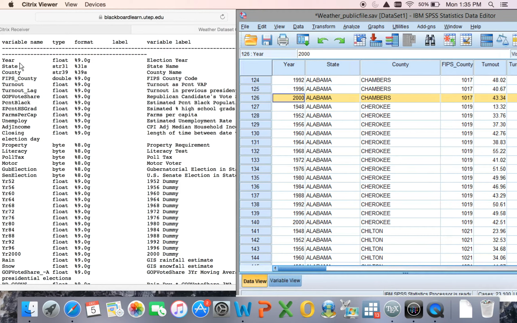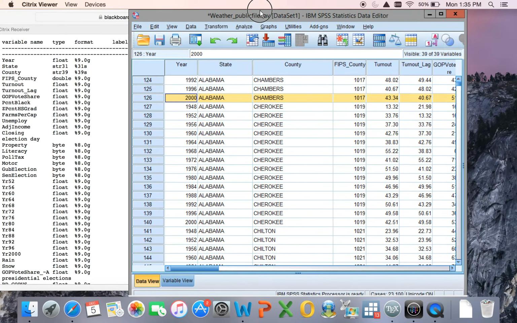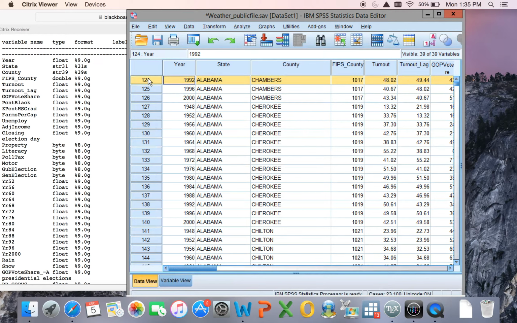It's basically county level voter turnout for each presidential election. And so your codebook lists the election year, the state name, and the county name. You see here in the SPSS file, you've got the 1992 election for a particular state, Alabama, County Chambers. This is a little bit further down. You see it's cell number 124.